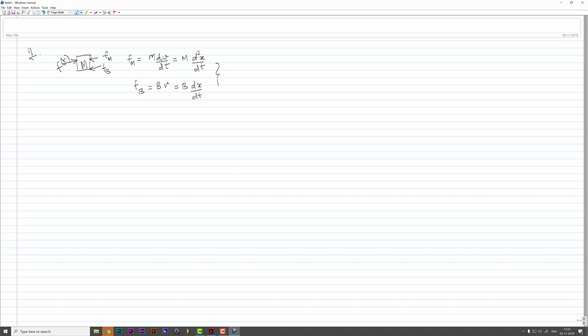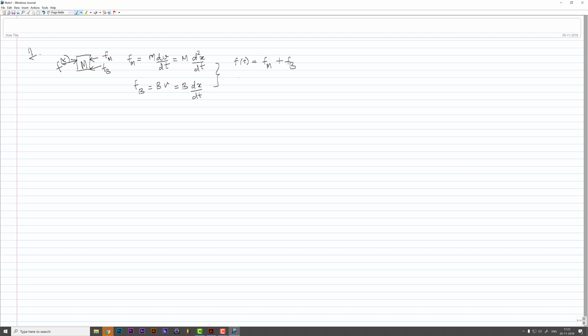So using this and using the free body diagram, I can write f of t is equal to Fm plus Fb.